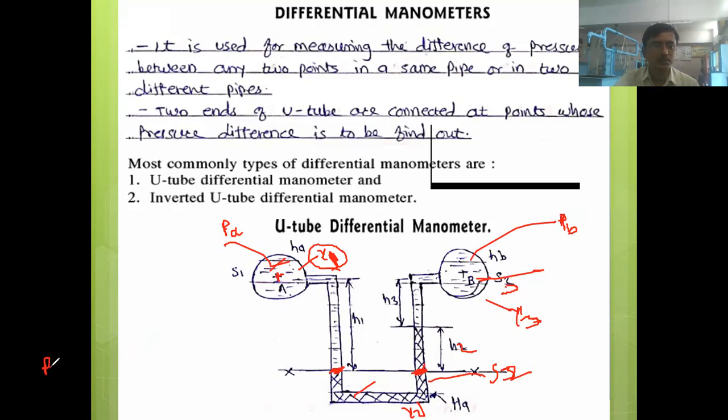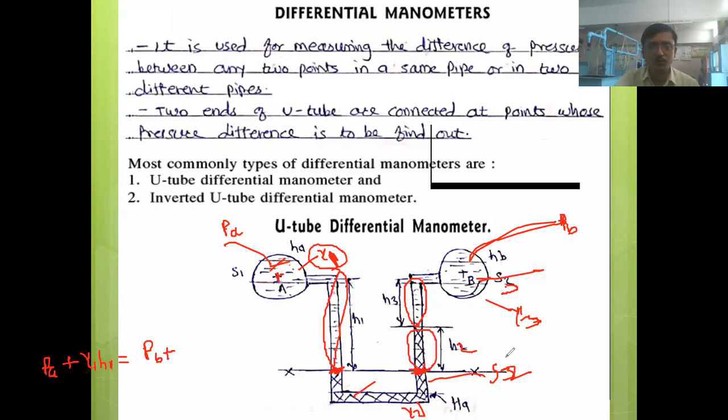It is the summation of PA plus the pressure intensity because of this column of liquid, which can be represented by gamma 1 H1, right? On the right hand side, what are the pressure intensities? The pressure inside the pipe PB, plus the pressure intensity because of this column, and the pressure intensity because of this column.